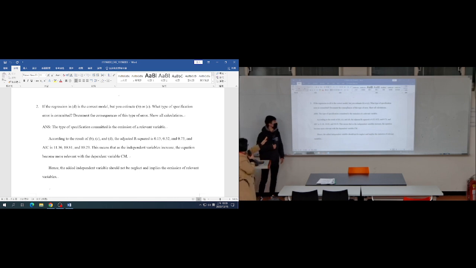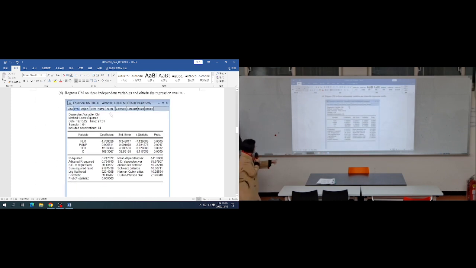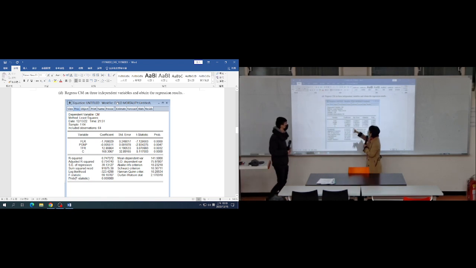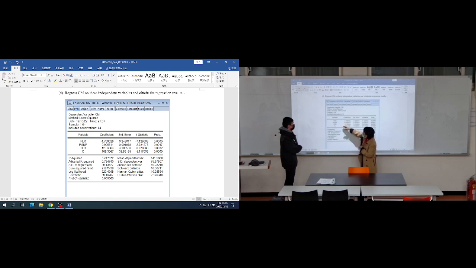Look at your model. Go up to this model. This is the correct model, right? For example, the FLR coefficient is negative 1.76 something. But if you omitted this or both, then this coefficient would be different.